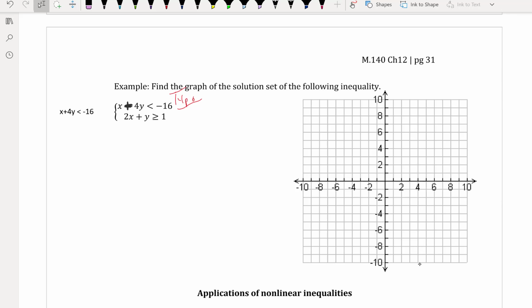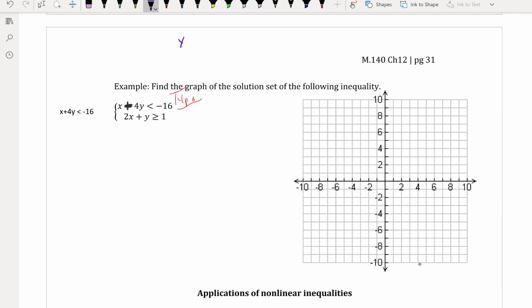And for the next one, now we're going to be actually graphing them. Here I had a bit of a typo. I apologize. It looks like there's an equal sign, but it really should be a plus. So x plus 4y less than negative 16. If I look at that, I know this is linear.